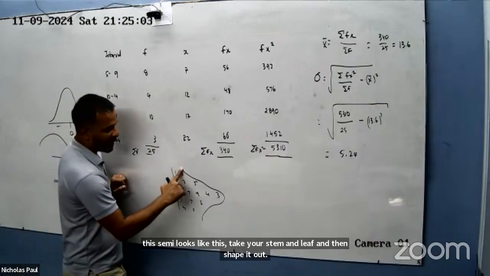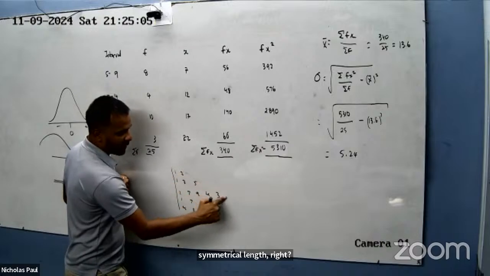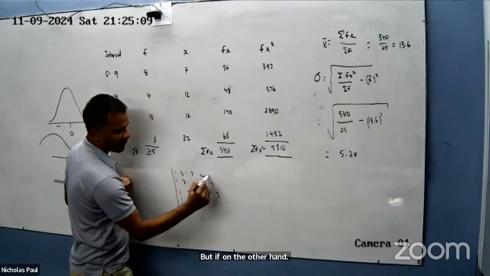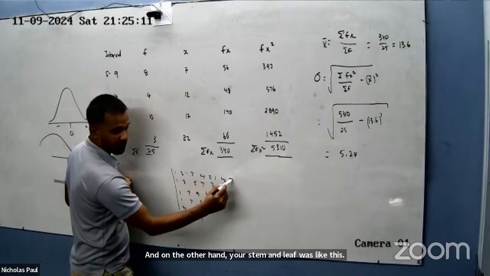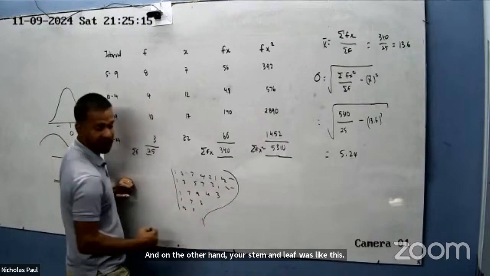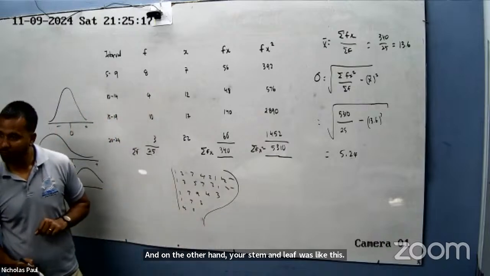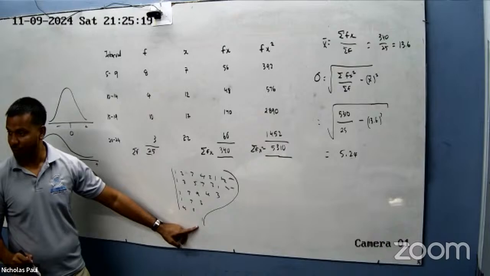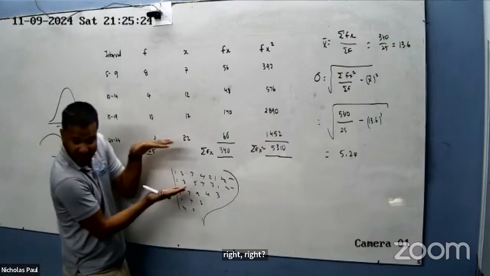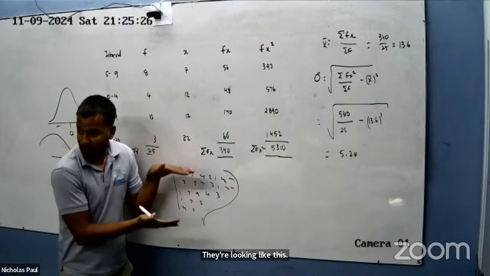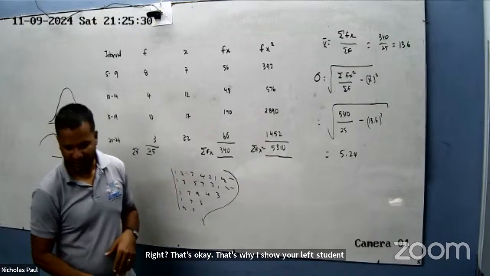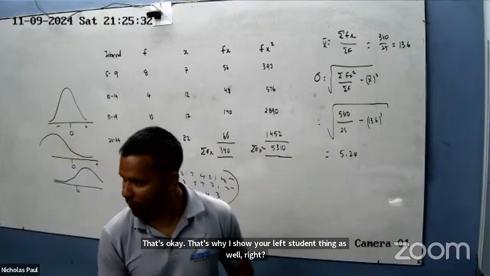But if on the other hand your stem and leaf was like this, with the majority of your values here and a few values here, that's looking positively skewed. The majority is on the left side, right? That's why I showed you left skewed as well. But if you say left skewed or right skewed, you'll still get it right.